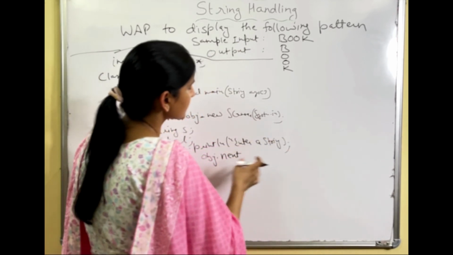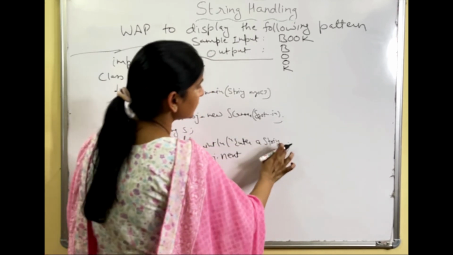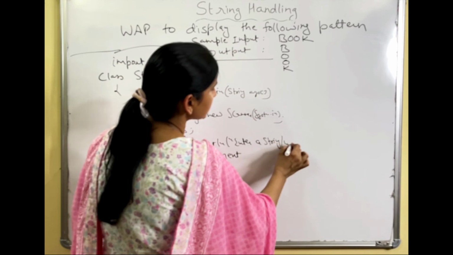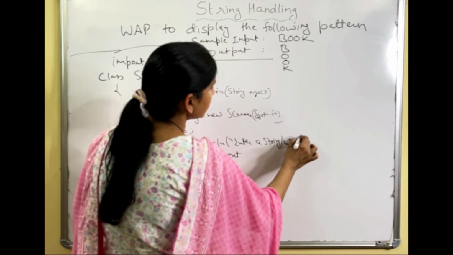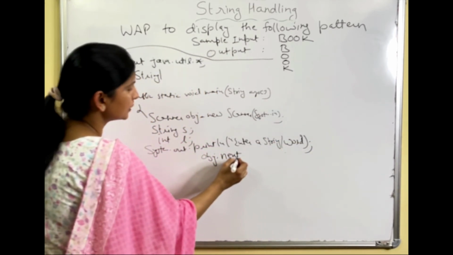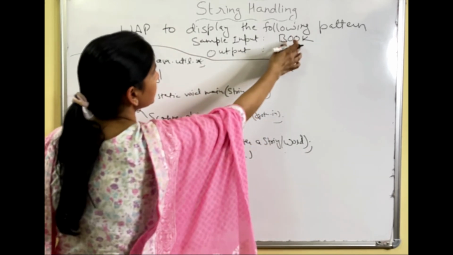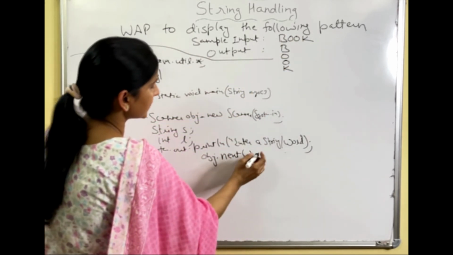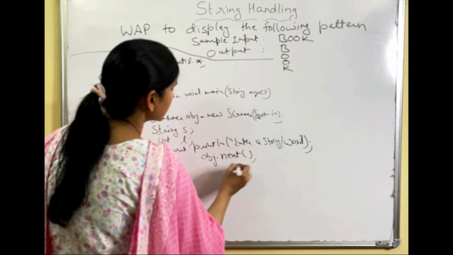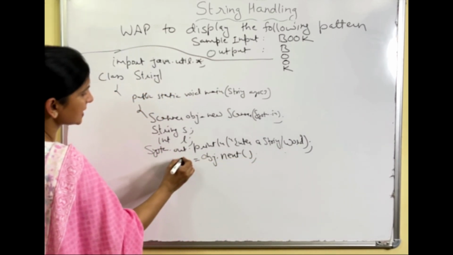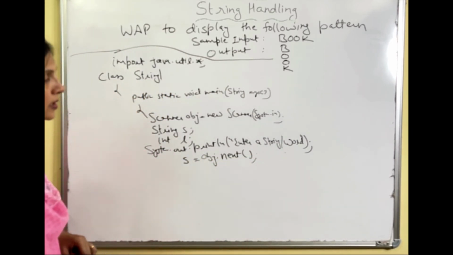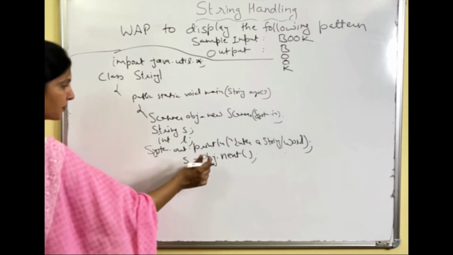If you are taking a string, you need to use nextLine, but if you are entering a single word, then we will use next. In the sample input it is one word only, so that's why I am taking the word and using next, and we will assign it into s equals obj.next.